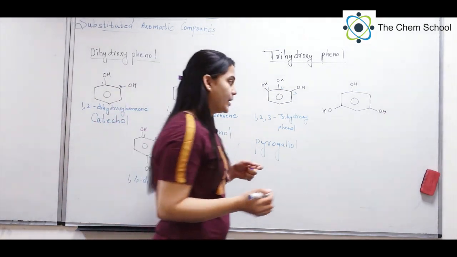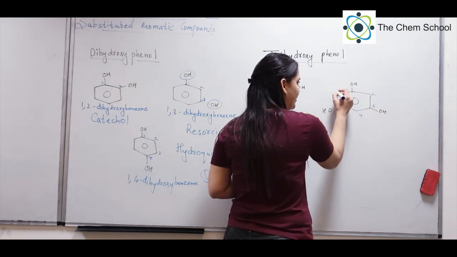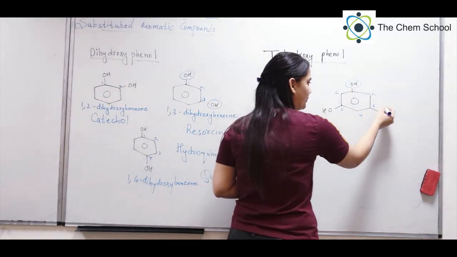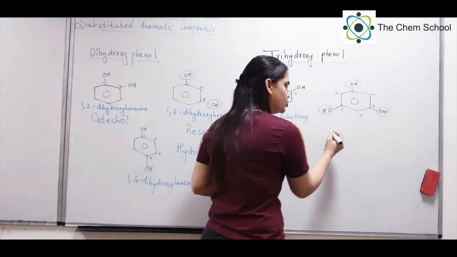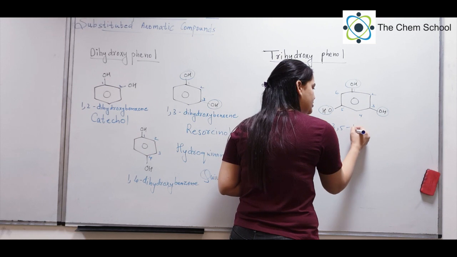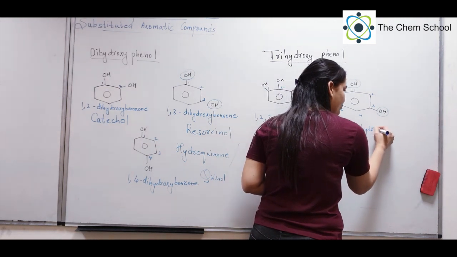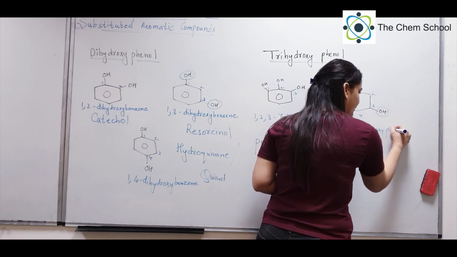The next one, 1, 2, 3, 4, 5 and 6. So you have substituents on 1, 3 and 5. So 1,3,5-trihydroxyphenol.